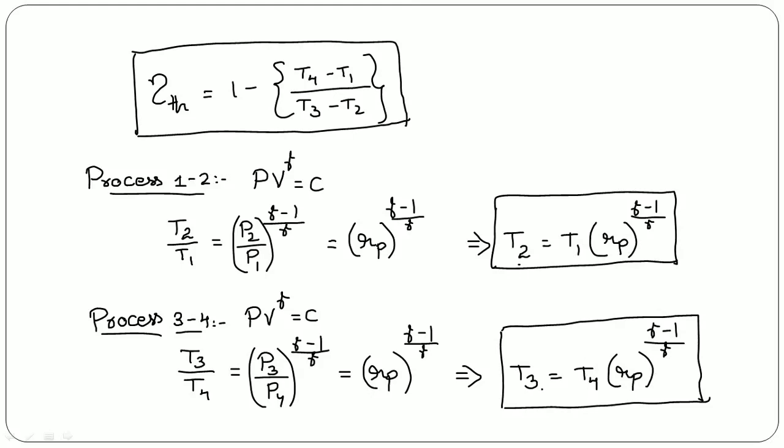Now T4 we want, so T4 can be written from this expression as T3 by Rp to the power (gamma minus 1) by gamma.